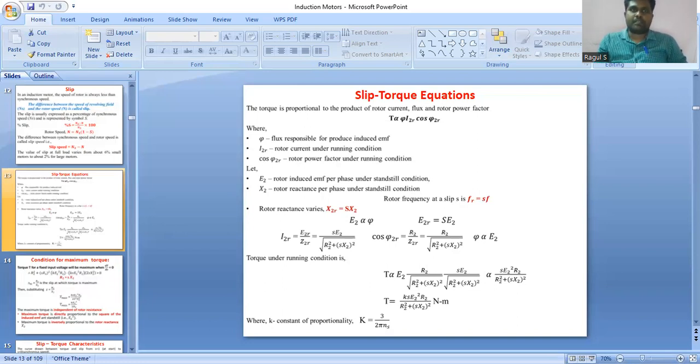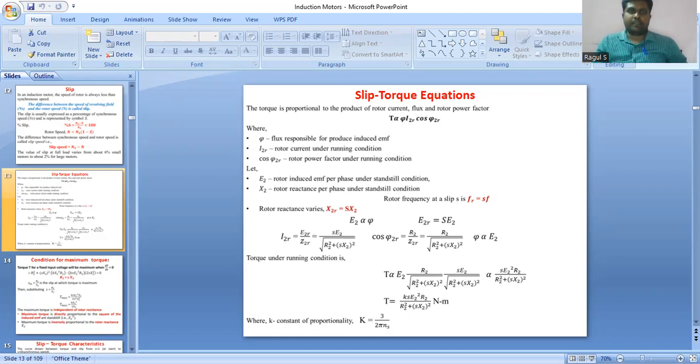But variable losses depend upon the variation of load. For example, I squared R losses in the stator and rotor windings. These losses occur due to the resistance of the stator and rotor, which is also present in copper, so copper loss is calculated as directly proportional to the square of the current.